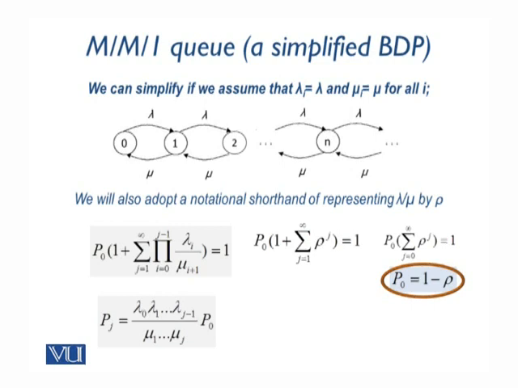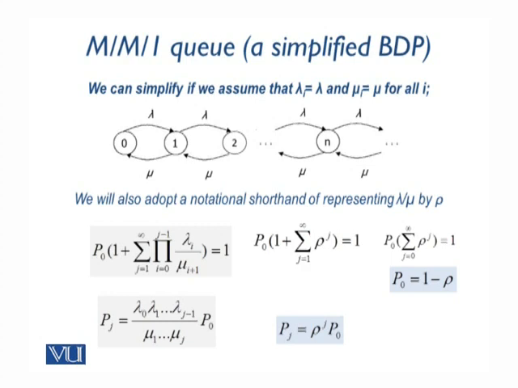So we are analyzing the probability distribution of an MM1 queue. Up till now, we have derived the result of P naught, and we've seen that it is equal to 1 minus rho. We can calculate the expression for Pj in a simple manner now that the subscripts of lambdas and mu's can be dropped. We have a simple expression that Pj is equal to rho raised to j multiplied by P naught.